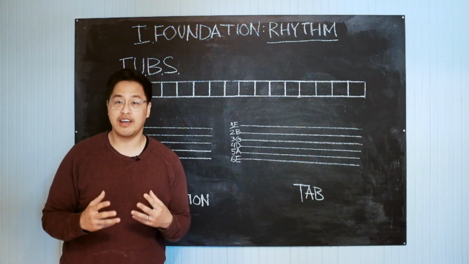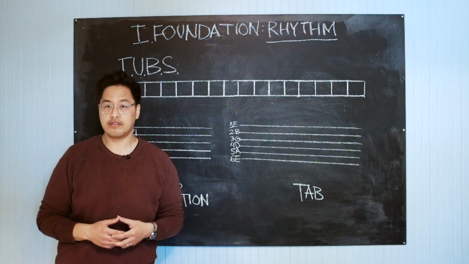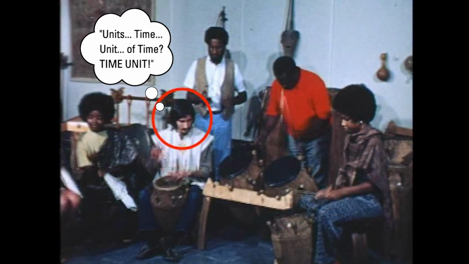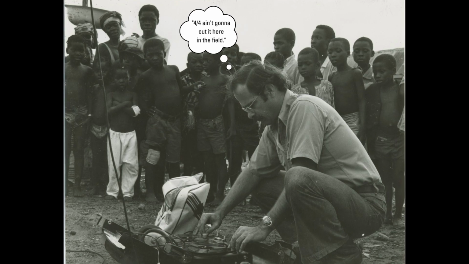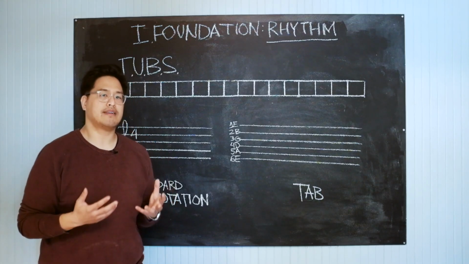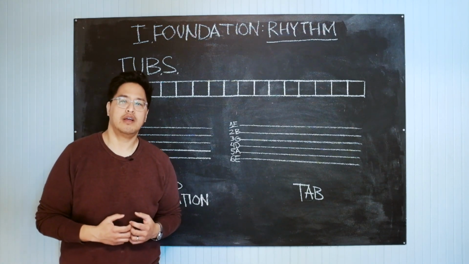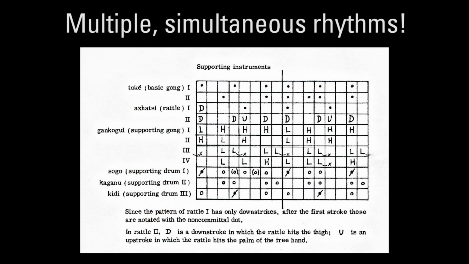So when I discovered TUBS, everything changed. Developed first by musicologist Philip Harland and later furthered by James Koetting from 1962 to 1970 in his field work in West Africa, the time unit box system found its first major application when Koetting was dealing with how to best transcribe the polyrhythms of a drumming ensemble in Ghana.